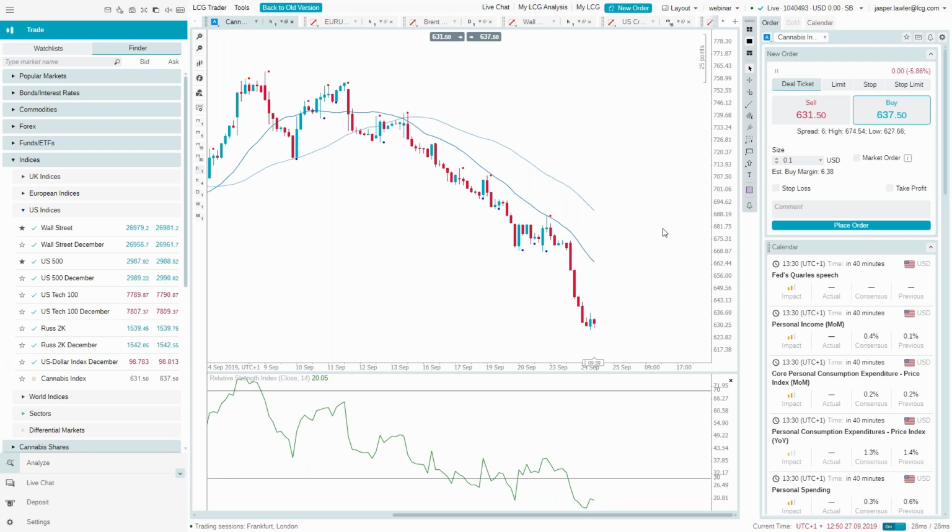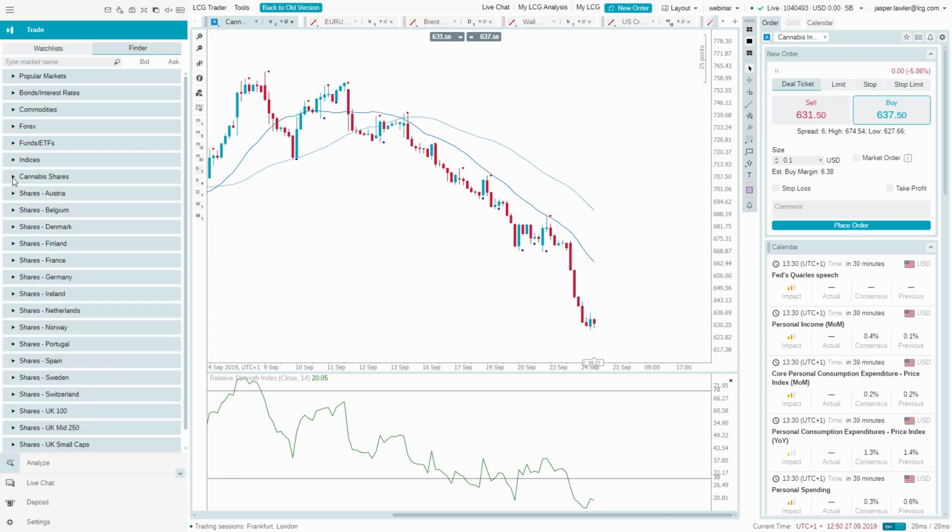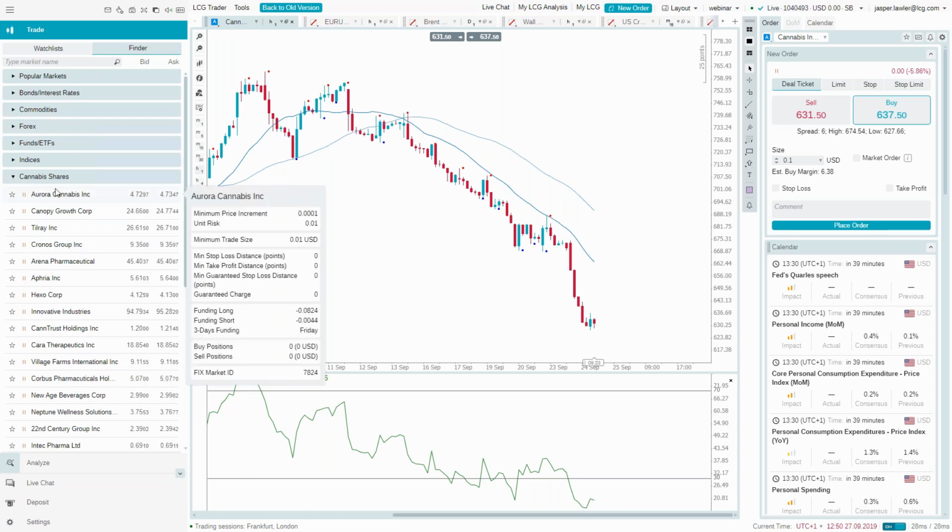Let's, while we're at it, so outside of indices, right here at the top of the list of shares, we've got obviously shares for all these different countries, a lot of different shares available through LCG, but at the top of the list here we've got the cannabis shares, all nice and easy to see. I cannot confirm at the moment if this is displayed like this in a demo account.